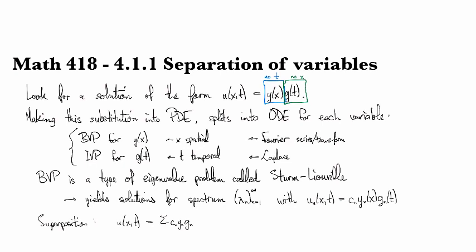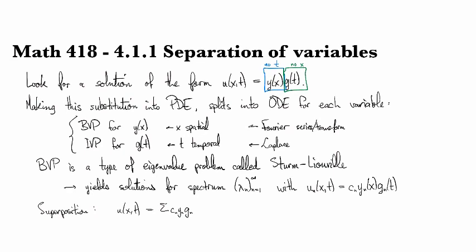And then what we will do is, by evaluating at some initial time, we will have our initial condition, and at the same time we will have Cn times Yn times Gn of 0.